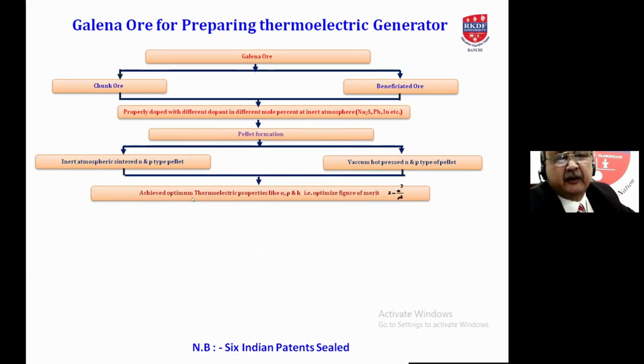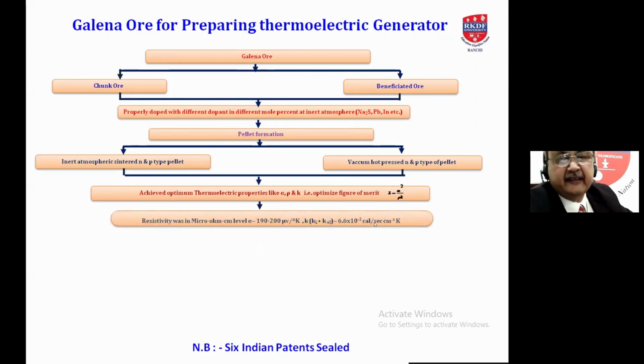Then we achieve the optimum thermoelectric properties, that is alpha, the thermoelectric power, rho, the resistivity, and K, the thermal conductivity, optimizing the figure of merit, that is Z equals alpha squared by rho into K. Resistivity was found very low, at the micro ohm centimeter level.